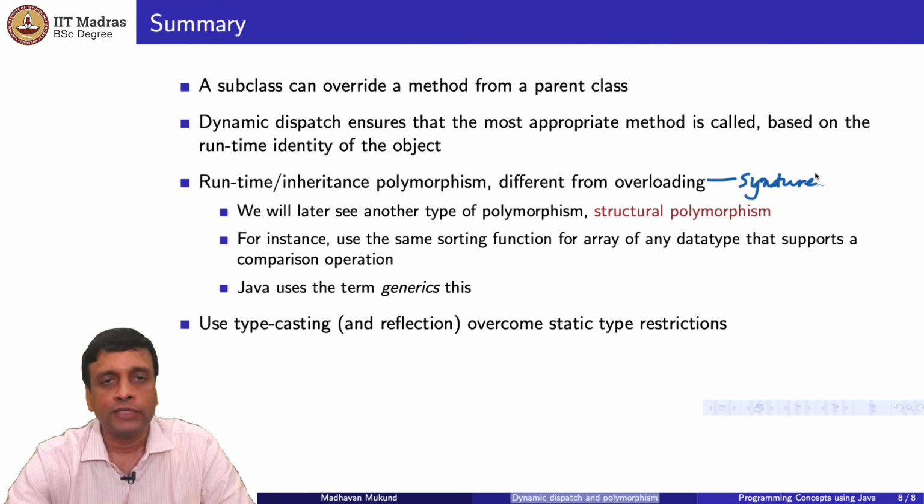So as the person using the function, it looks like you have one magic sort function which will sort arrays of any type, but actually you don't have one sort function, right? You have a separate sort function defined for every type, and based on the static type of the argument, Java is picking the right one. So overloading is a static choice of functions among different signatures, whereas dynamic dispatch is really based on the runtime type of the object. So there is another type of polymorphism which we shall see, which is very useful.